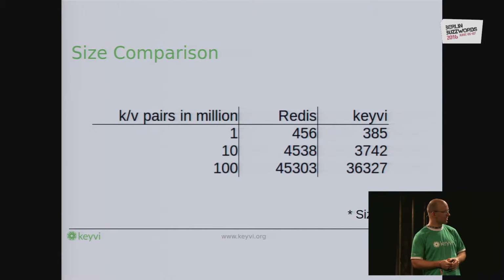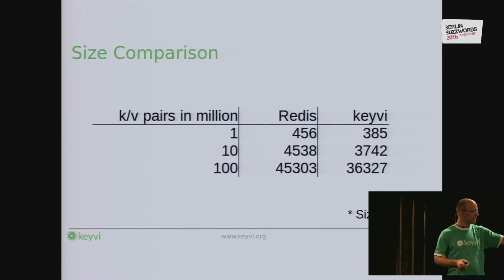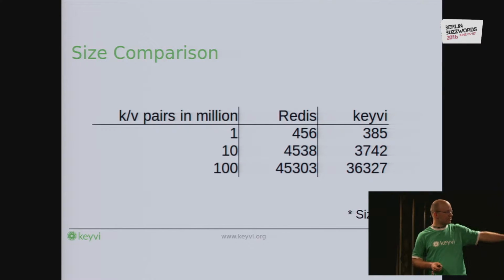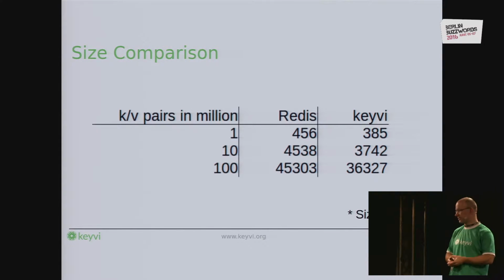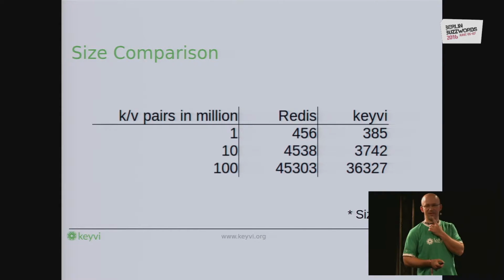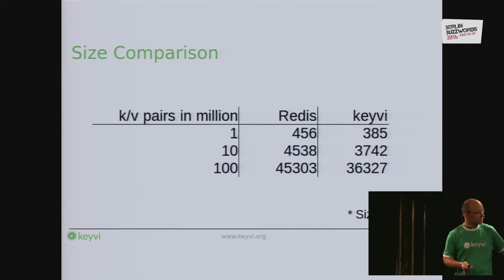That's interesting. 1 million pairs, 10 million pairs is 10 times more than 1 million, 100 million is 10 times more than 10 million. You see that for Redis. For Keyvi, it's kind of interesting. This is not linear. It's sublinear. And when I explain this finite state thing, you will probably get why.